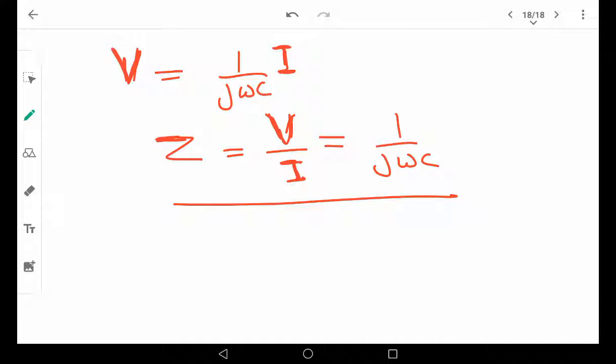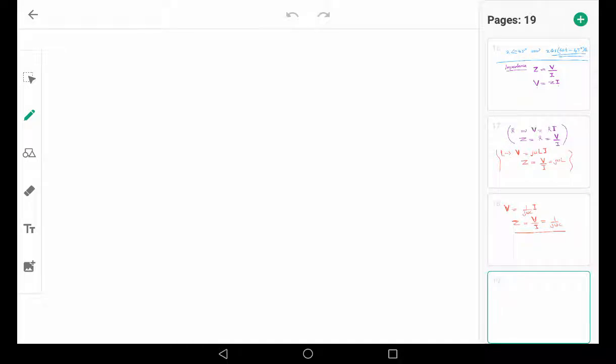This is the impedance for a capacitance. That's how you find the impedance for the capacitance and inductance. So we'll do one more simple problem and conclude. You have an inductance. Example 4.